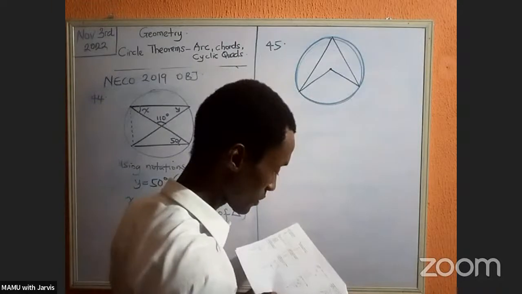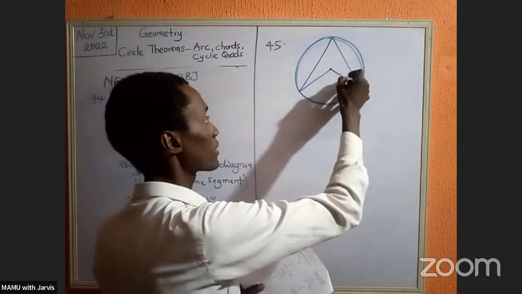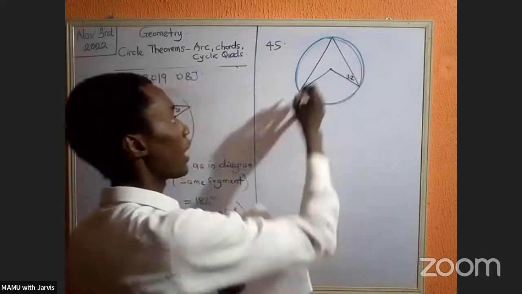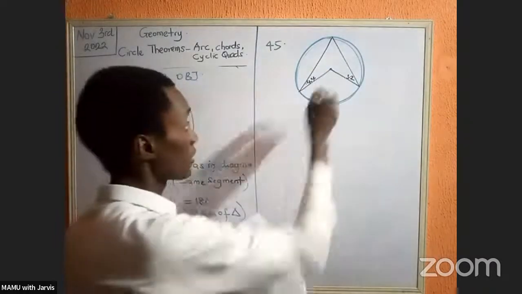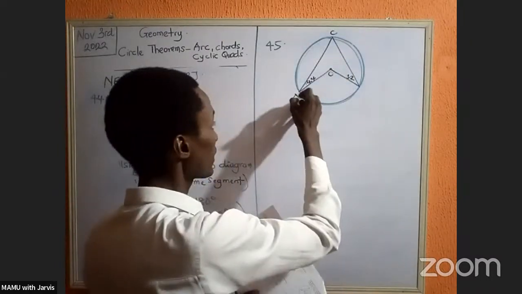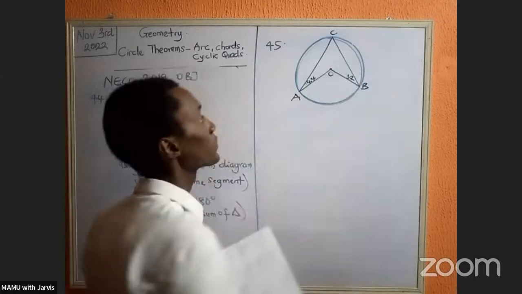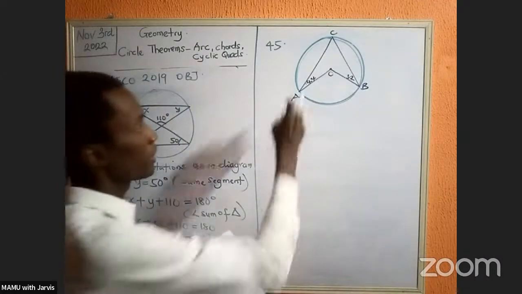You are told that this angle here is 32. I am told that this angle here is 44. This is O, this is C, this is A, and this is B. Now you are told to find angle AOB.